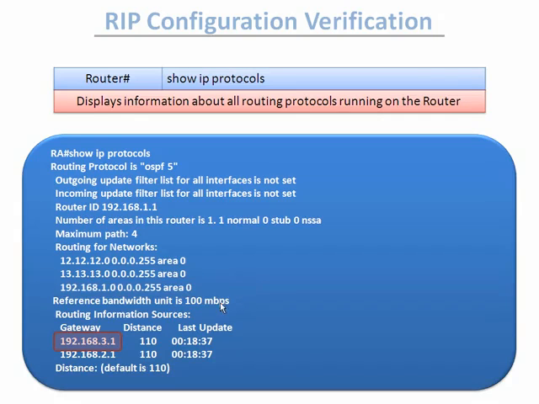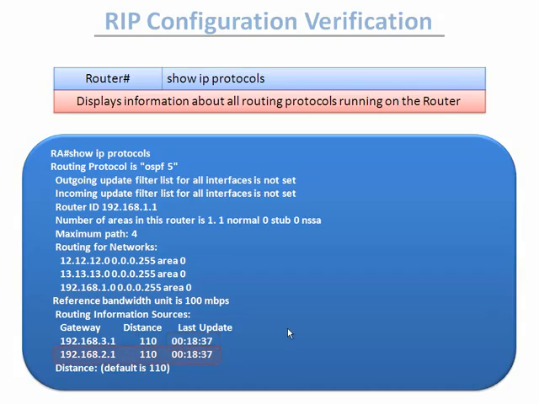The next thing is that it tells us that router A has 2 neighbors that it's exchanging information with. The 2 neighbors are 192.168.3.1, which was router C. The administrative distance of this neighbor is 110, which is the default administrative distance for OSPF. And the last update we have received from that neighbor is 18 minutes and 37 seconds ago.